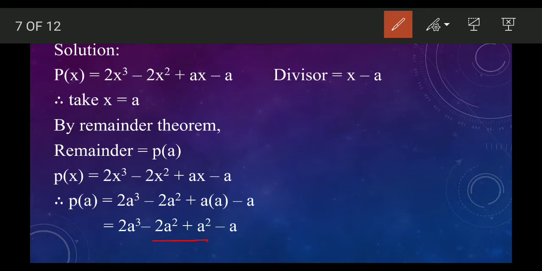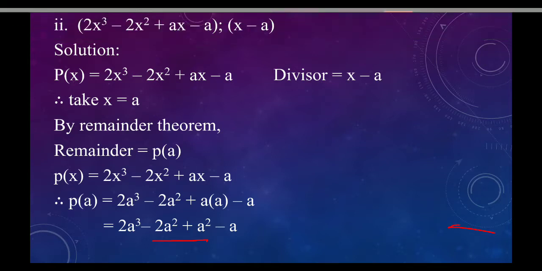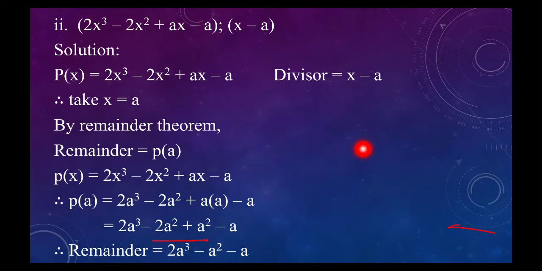Minus 2a square plus a square is equal to minus a square, right? So the remainder is equal to p of a, and we have got the p of a value here. So the remainder is 2a cube minus a square minus a, which is the answer.